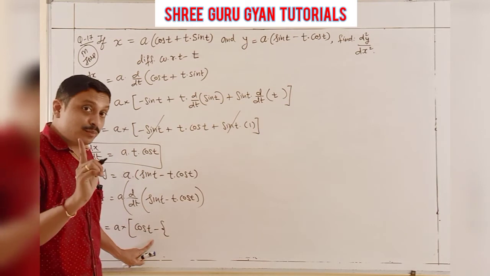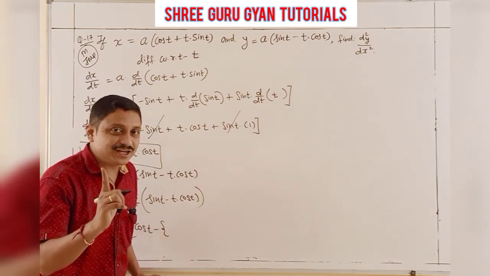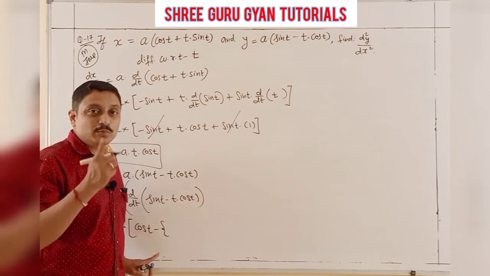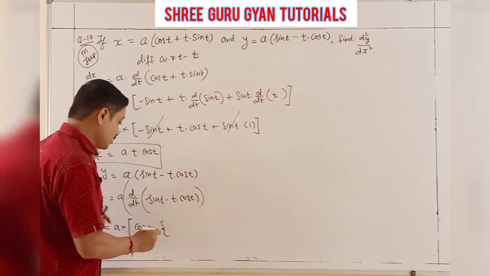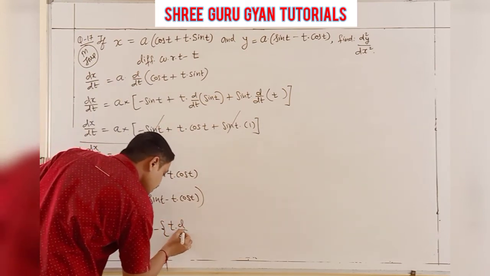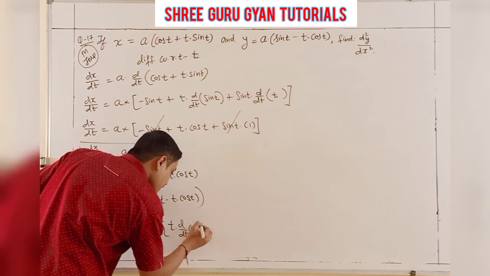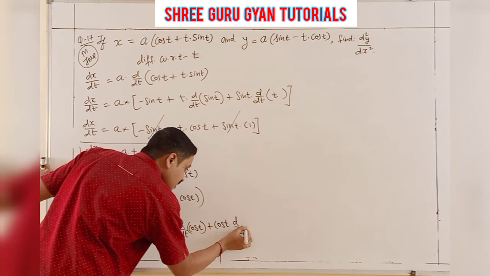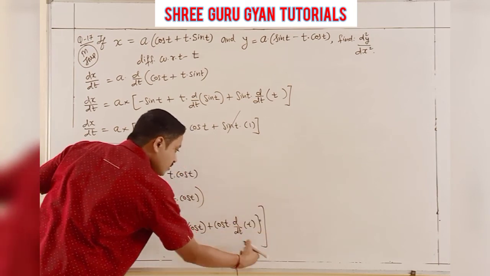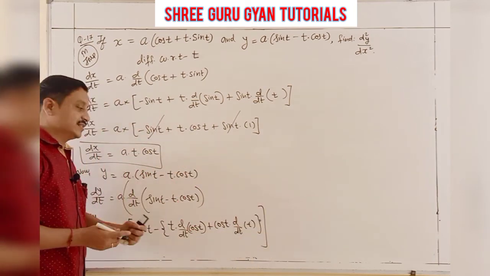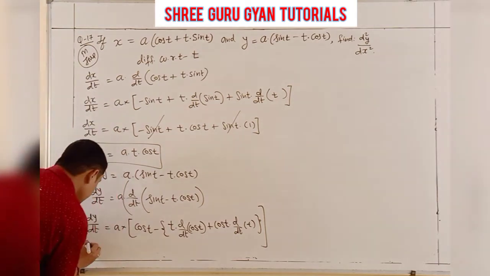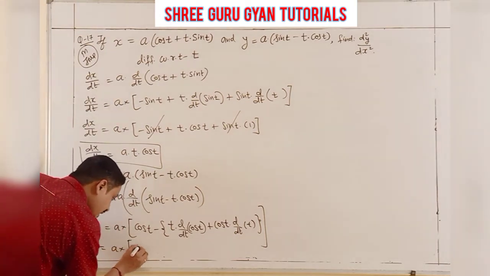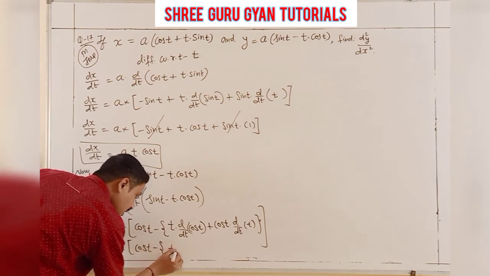This is a main point. Generally students make mistakes here. Minus outside, so the bracket must be taken. First, second derivative plus second, first derivative.